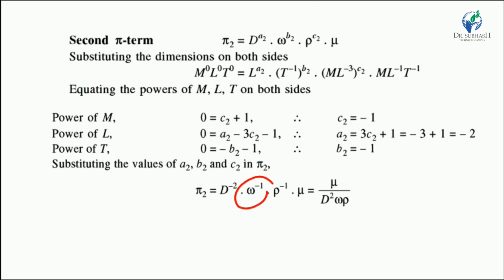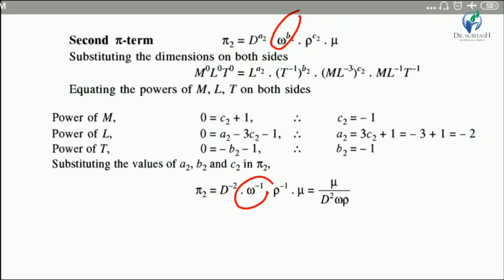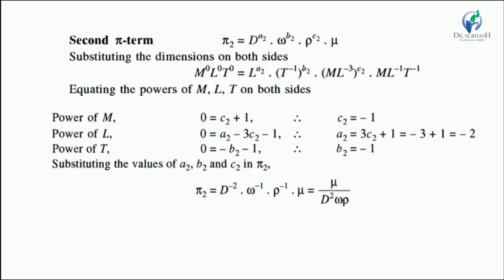Omega has power B2, and the B2 value is minus 1, so omega has power minus 1. Density has power C2, and the C2 value is minus 1, so rho has power minus 1, and mu has power 1. Now according to the powers, rearrange all variables. So pi2 is equal to mu upon d square into omega into rho.